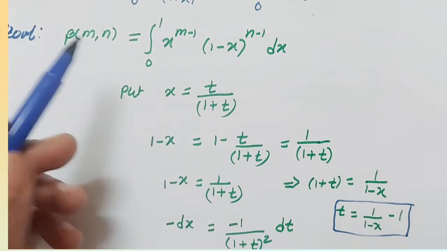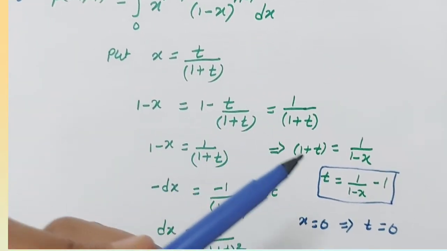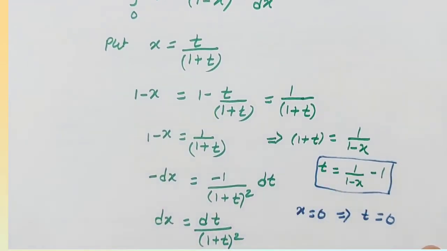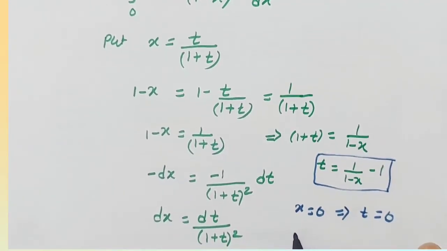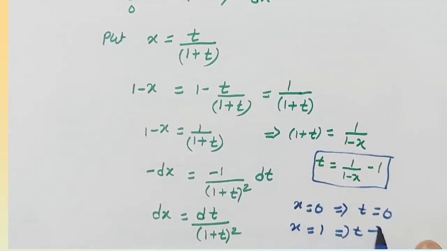The upper limit of x is 1. If we put x equals 1 in this term, then we get 1/(1 minus 1), that means 1/0, that is not defined, it is infinity, and infinity is a very large number. If we subtract some quantity from infinity, still it is infinity. So for x equals 1, we get t equals infinity.